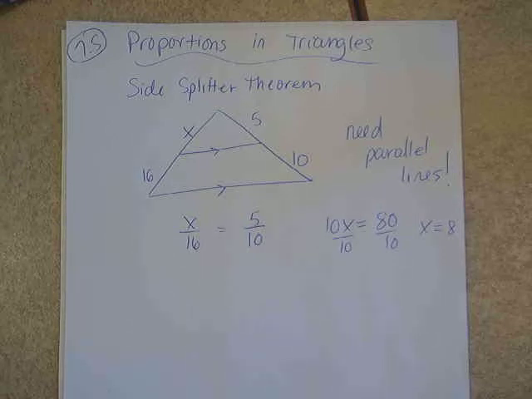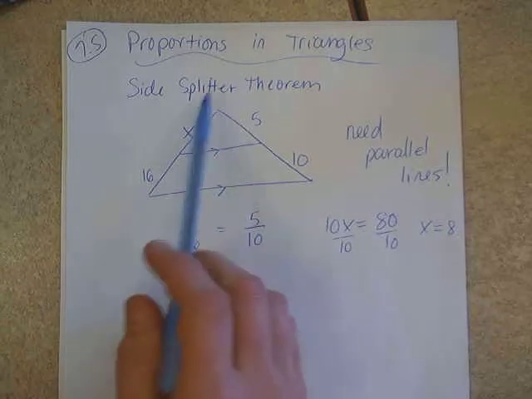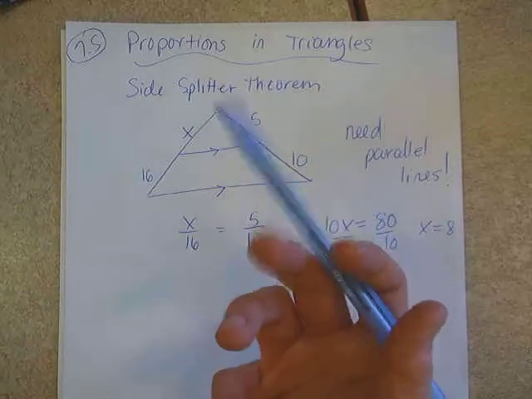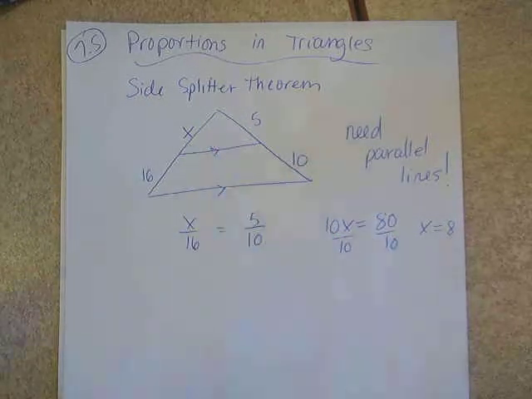You can, but what I said earlier is just because you can do something in your head because it's easy and you can go, oh yeah, that's half, still get in the habit of setting up the proportions, because if these were algebraic expressions, then you need to know how to set up the proportions. So they're giving you the ones that are easy and you can look at it and go, yep, x should be 8. It's a good double check.